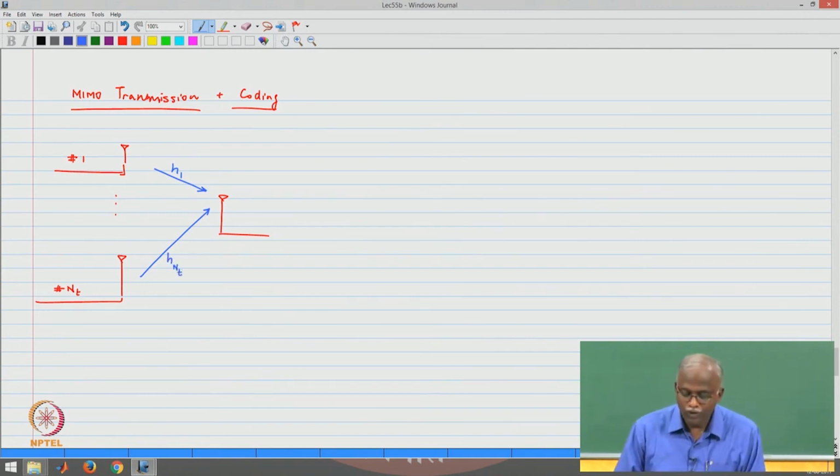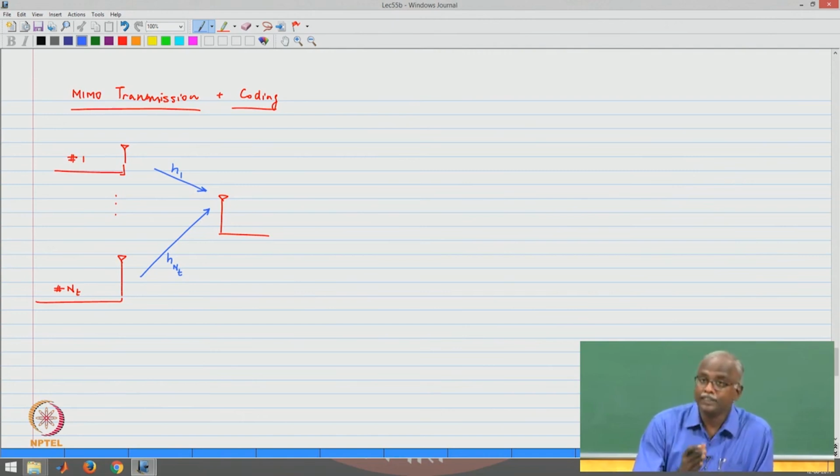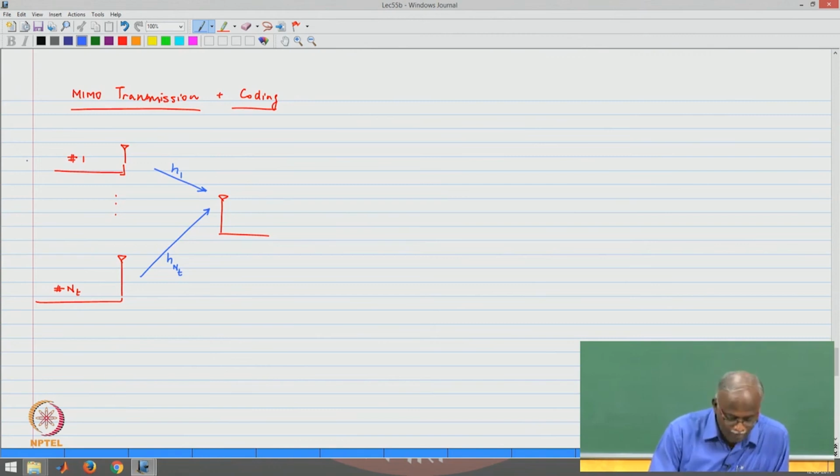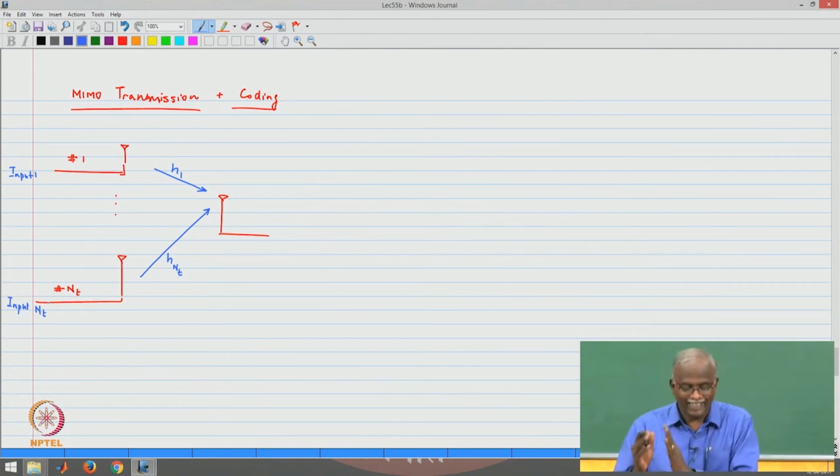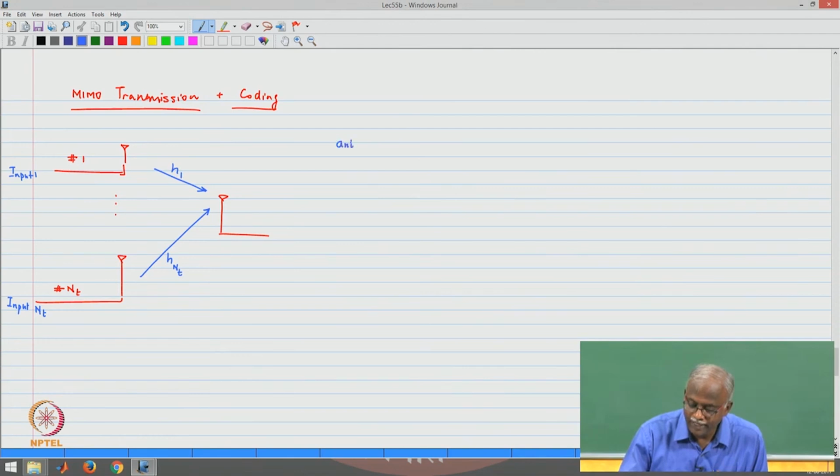Now, if I were to transmit the different sets of inputs, input 1 all the way to input NT for each of the time instances. In other words, we are going to write down a matrix where I indicate what I have transmitted on antenna 1, what I have transmitted on antenna 2, all the way to antenna NT, and the x axis will be the time index.